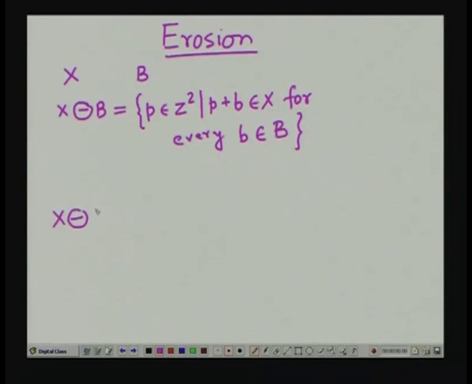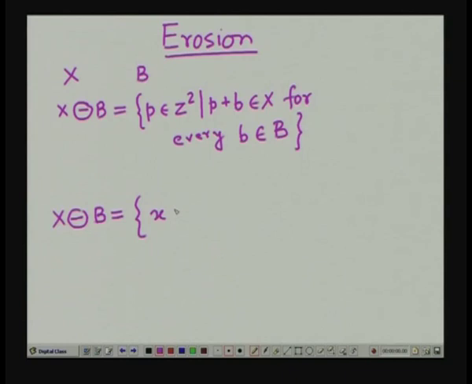The alternate definition is: X eroded with B can be defined as the set of vectors x, as we have said that in two dimensional space a point and a vector are equivalent, with the vector drawn from the origin of the coordinate system.